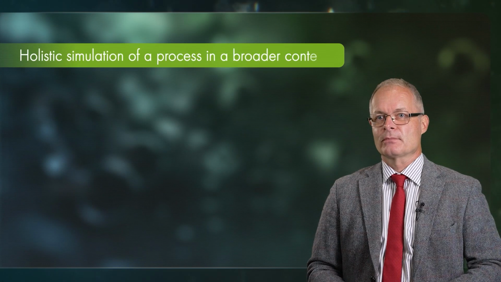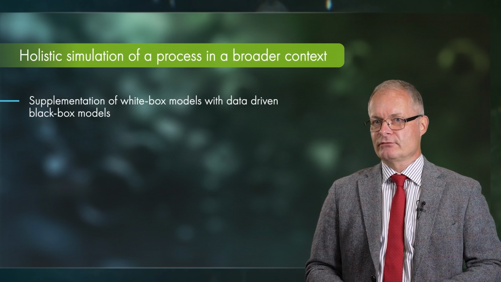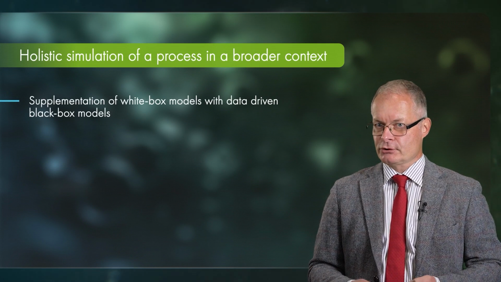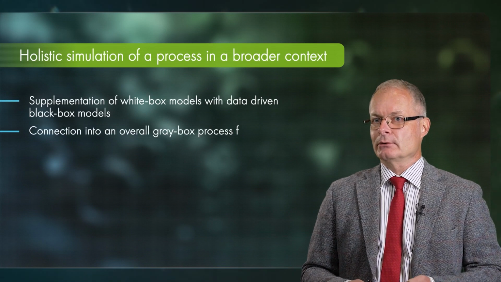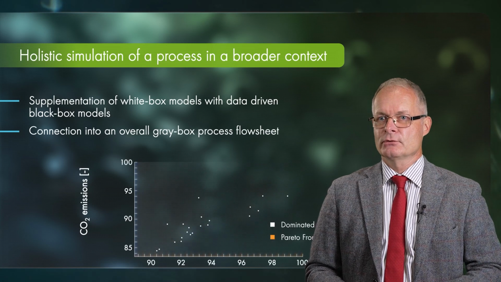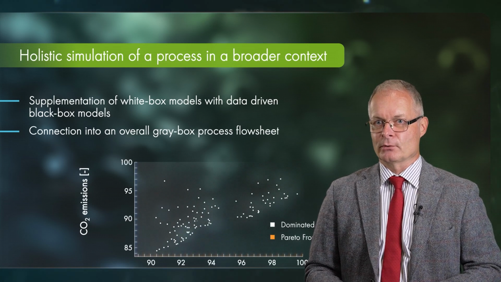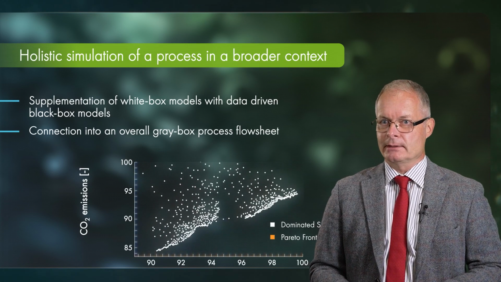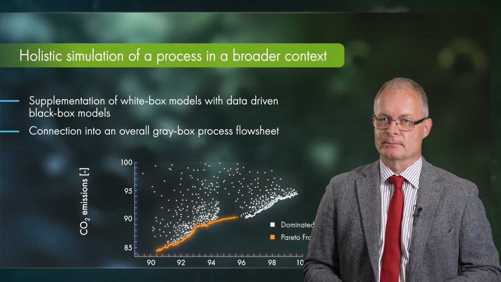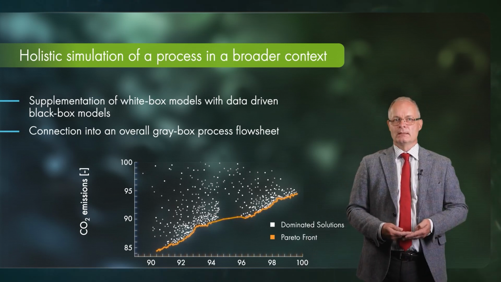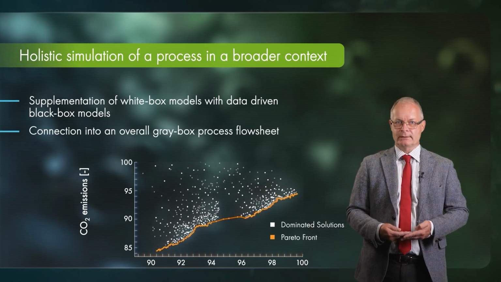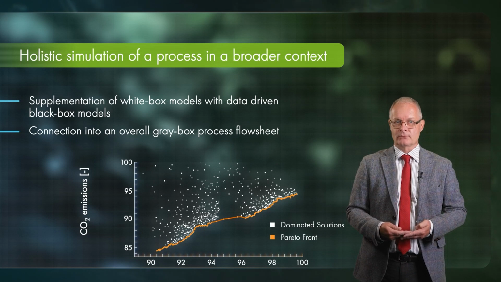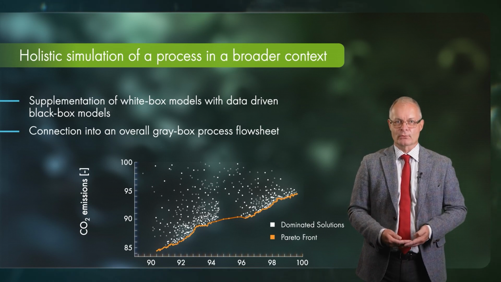In this connection, one may want to include data-driven black box models, like artificial neural networks, that rely on experimental data and can be used to describe complex phenomena of the process that cannot be described by the rigorous models that are provided in commercial simulation software. Such black box models can then be connected with the rigorous white box models from the commercial simulation programs into an overall gray box process flowsheet.